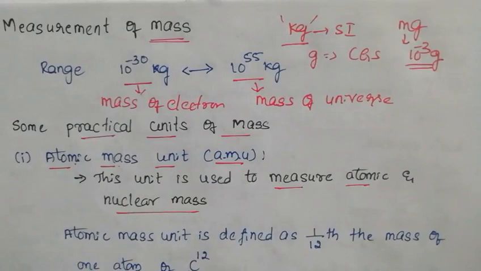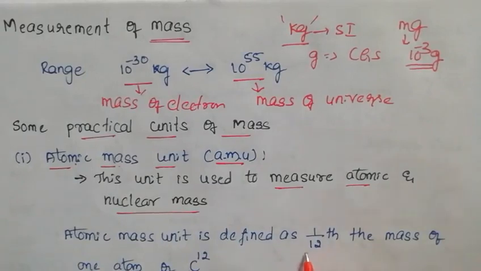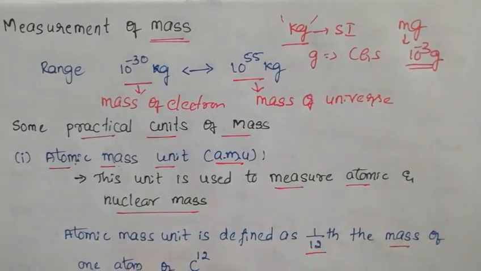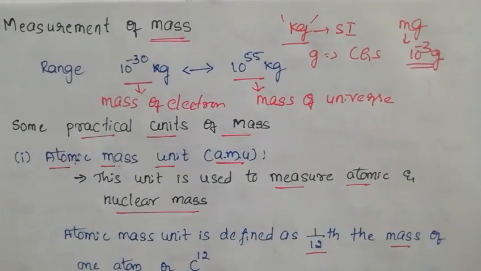Sir, what is the definition? It is defined as 1 by 12th of the mass of one carbon atom. 1 by 12th of the mass of each carbon atom is what we call one atomic mass unit.